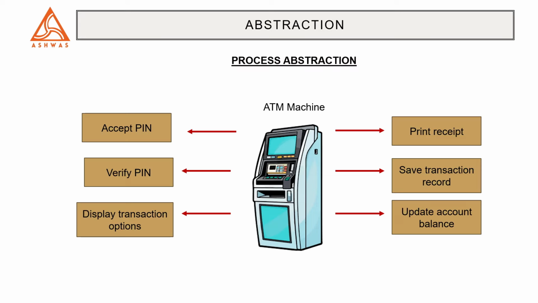This type of abstraction is called process abstraction, wherein the user is allowed to focus on or access only the relevant functionality without having to bother about the complexities which are involved in delivering that functionality to the user.